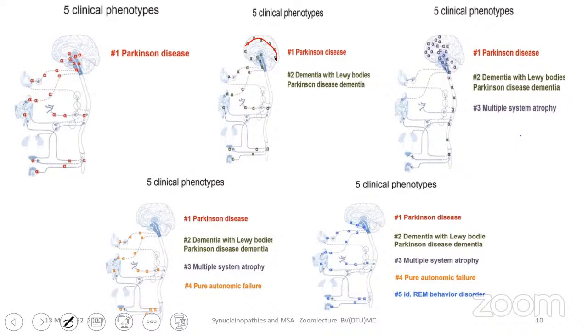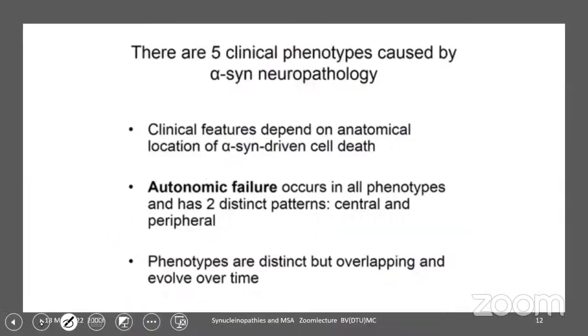REM sleep behavior disorder also comes under this category, and you can see the brainstem involvement in this. So this is a major differentiation of all these conditions. But one thing one should realize is that autonomic nervous system dysfunction is a characteristic feature. As I said, and re-emphasize, the clinical features depend on the anatomical location of alpha synuclein driven cell death. Autonomic failure occurs in all phenotypes and has two distinct patterns, central and peripheral.